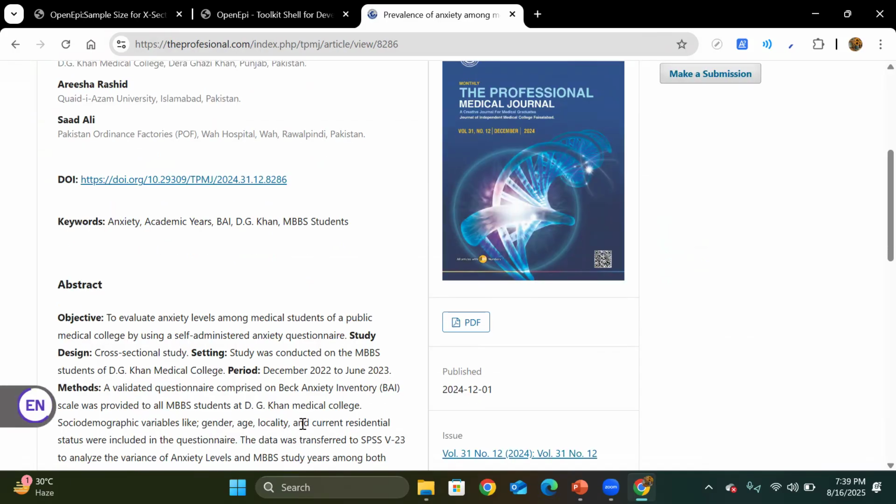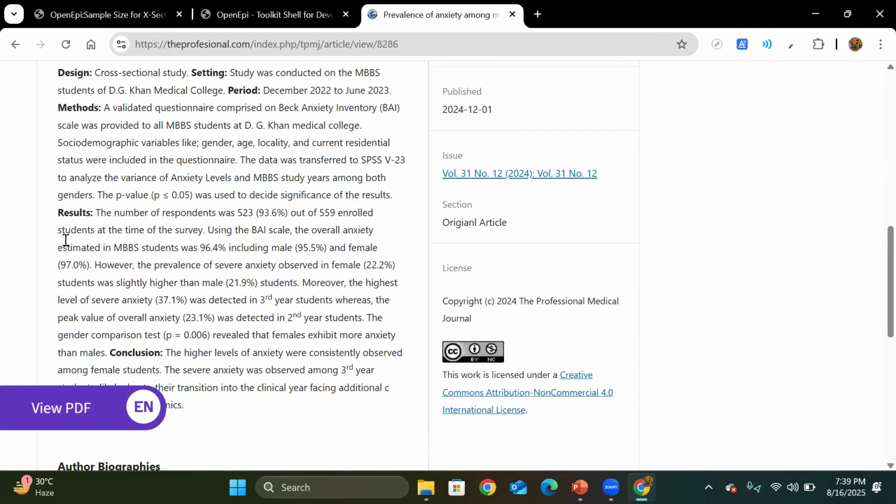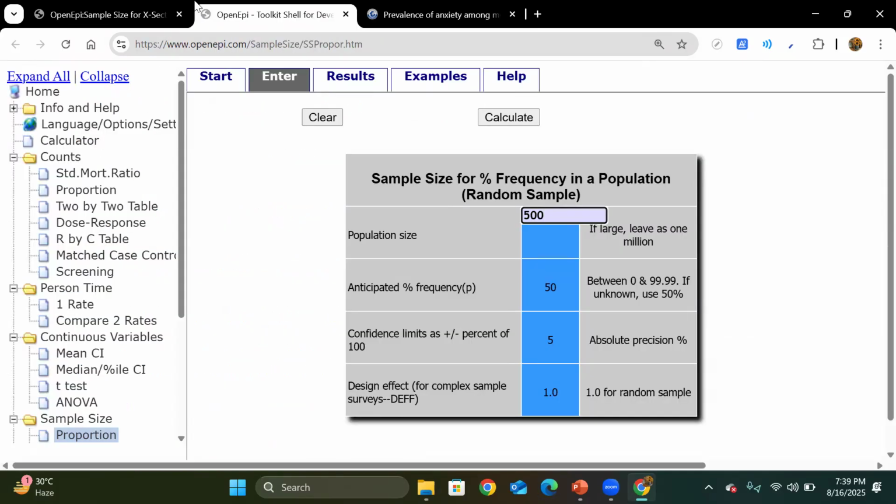I will go to their results section, and they have mentioned that the prevalence of severe anxiety observed in female students was slightly higher than in male students, about 22%. In males it's also around 22%. So I can say the anxiety determined was 22%.